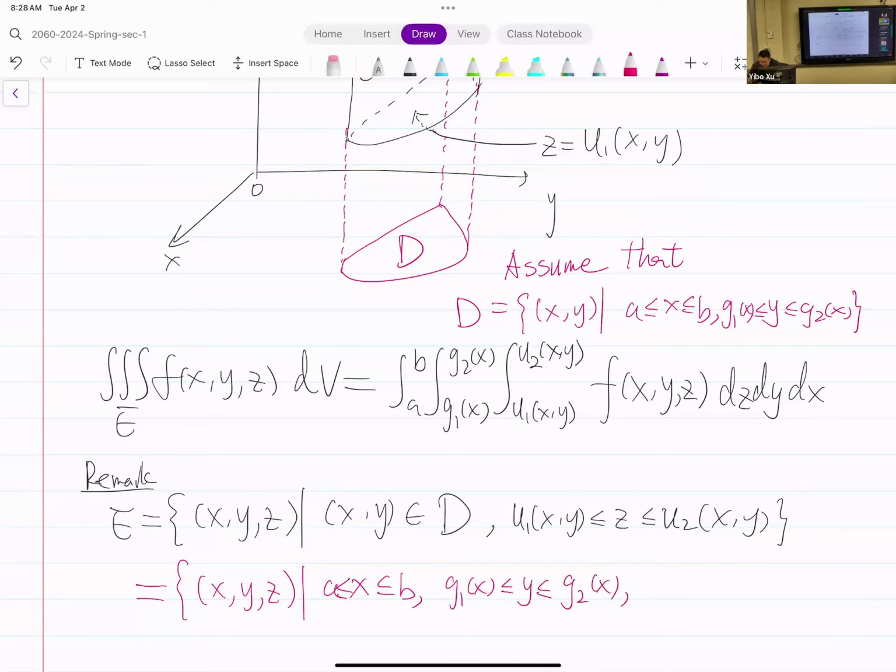And finally, we append the bounds for z. So now you can see that the later variables rely on the prior ones, right? Here y relies on x, but z relies on both x and y. Okay, so u1 of xy and u2 of xy.